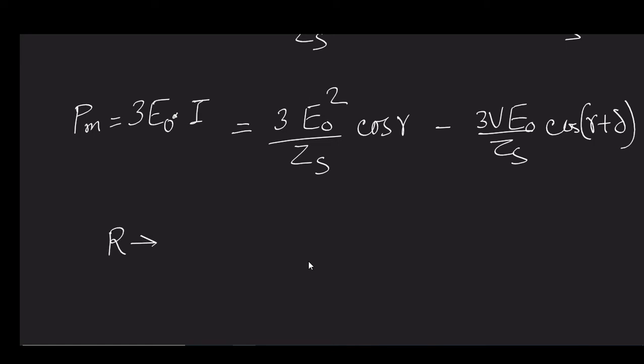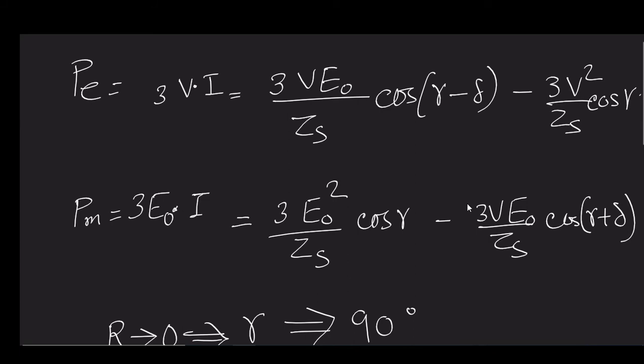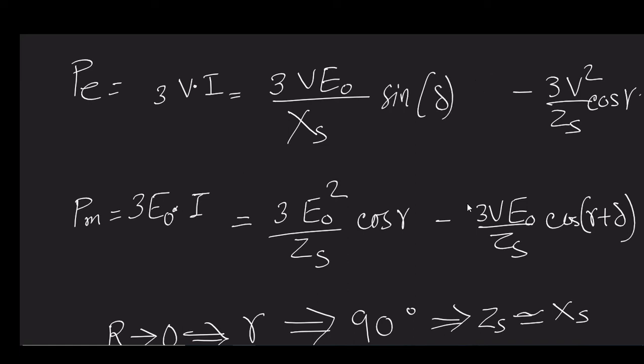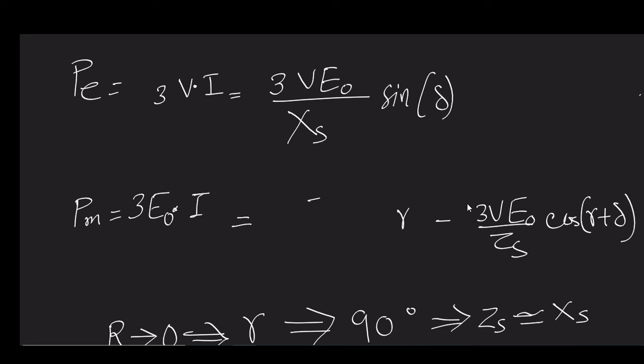So if we ensure R tends to 0, that will imply your gamma tends to 90 degrees, and thereafter you will see a very striking change in this, and this will further imply, so it will become, and this rest will vanish because cos gamma, cos 90, is equal to 0. Similarly this term will vanish, right?